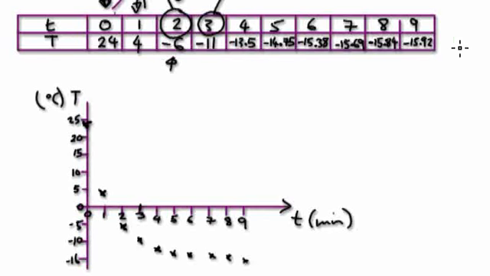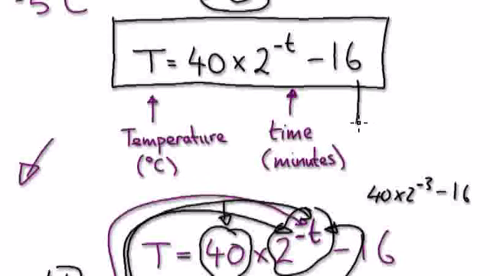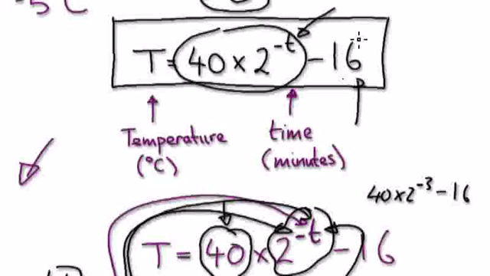It's approaching minus 16. You see, as you make this really big, this whole thing here will tend towards 0, and then that was 0 minus 16. Well, if you really want to understand what's going on, put a really big number in there.